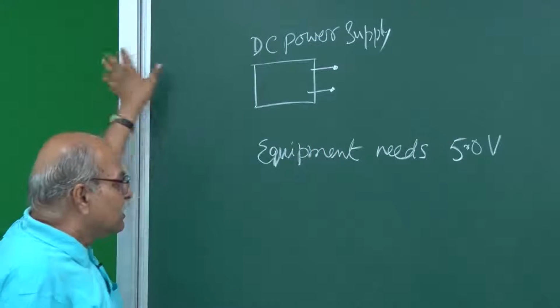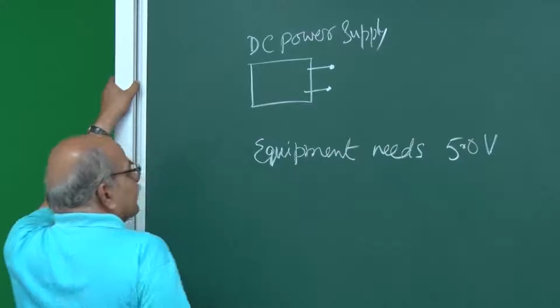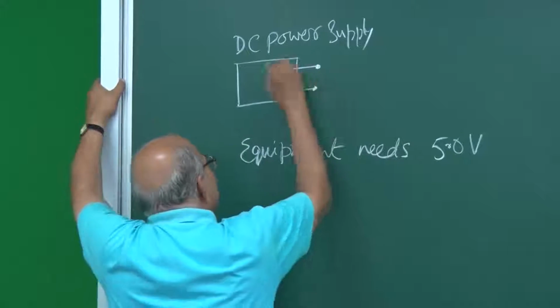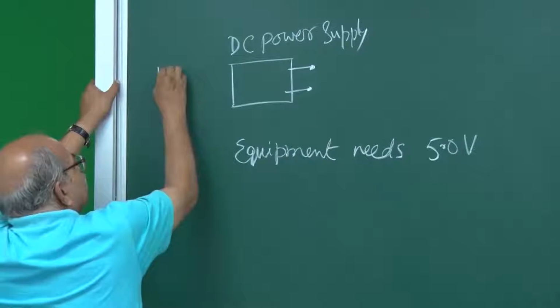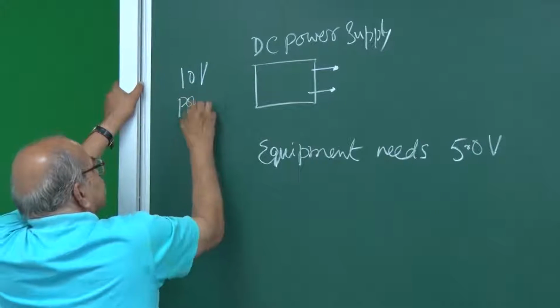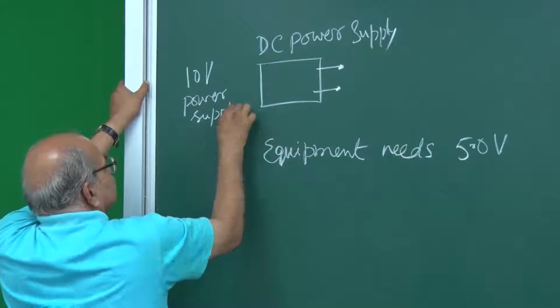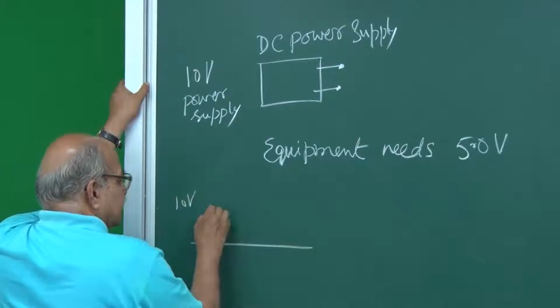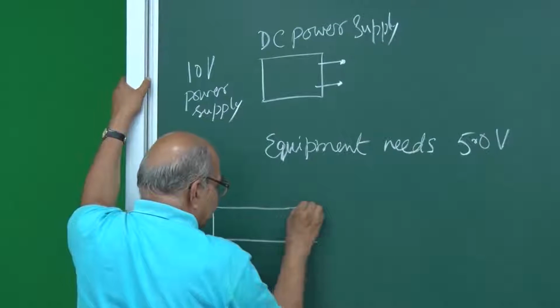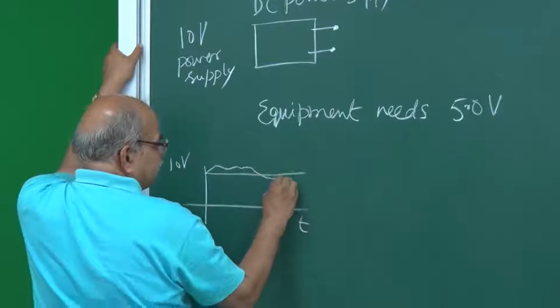What can I do? I can create a circuit. I can take this power supply here, and suppose this gives me 10 volts. Suppose this is a 10 volt power supply. It is supposed to give me 10 volts, this kind of waveform as a function of time, but what it is doing, it's giving this kind of thing.